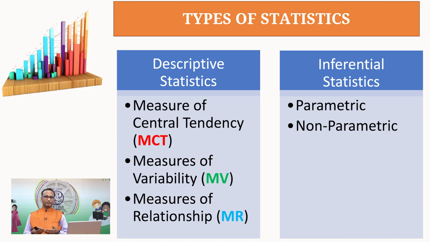There are 2 types of statistics we use in educational research: one is descriptive statistics and another is inferential statistics. In this session, we will specifically discuss how descriptive statistics are useful for quantitative data analysis, and in the next session, we will discuss inferential statistics.